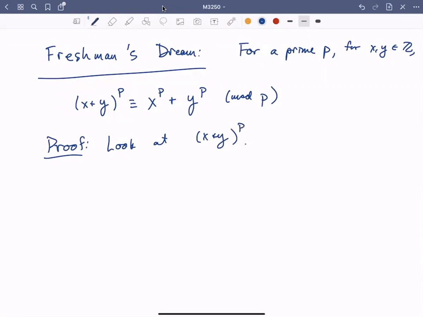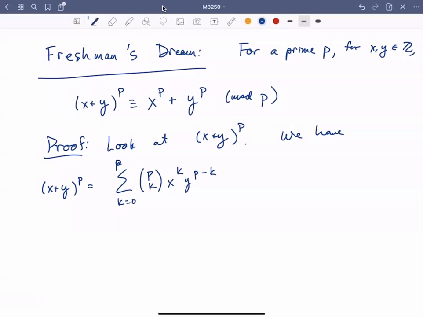By the binomial theorem, (x+y)^p is the sum as k goes from 0 to p of p choose k, x^k, y^(p-k).